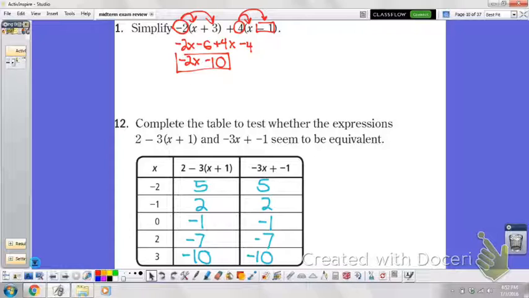Now, we were trying to figure out whether or not these expressions seem to be equivalent. And yes, they are.